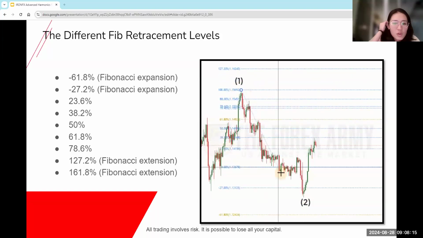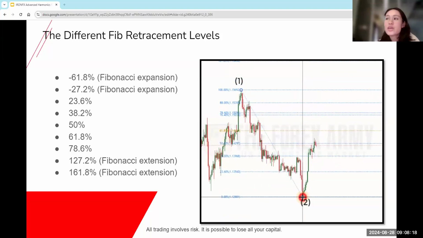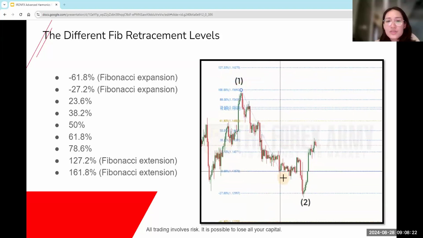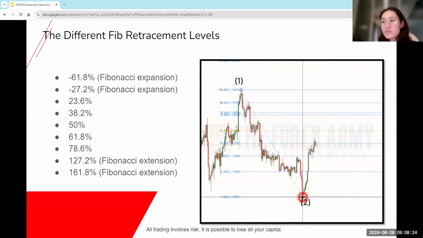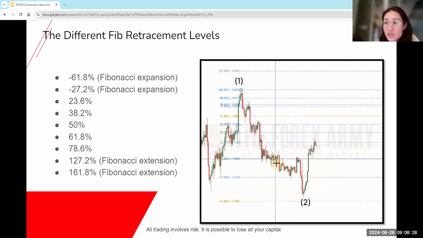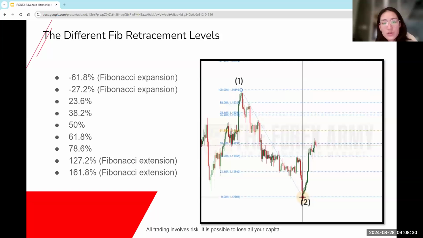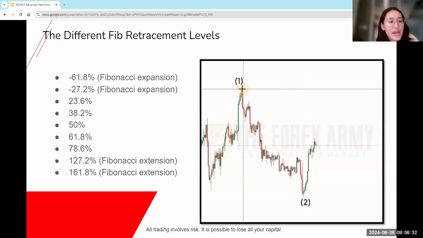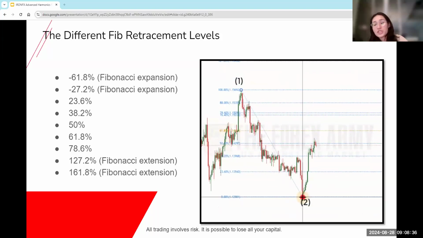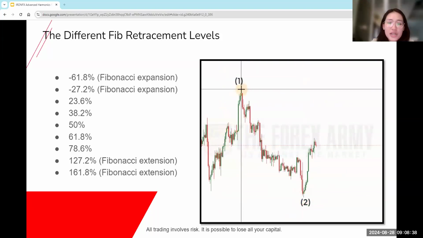Yes, so these are the different levels that we use, and they each have a different technique for the range. For the negative levels, so minus 61.8 as well as the minus 27.2, we look at using Fibonacci expansions. An expansion, I'll show you how we can use it in a bit.